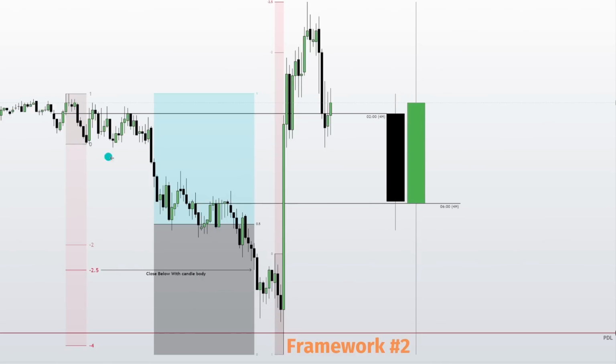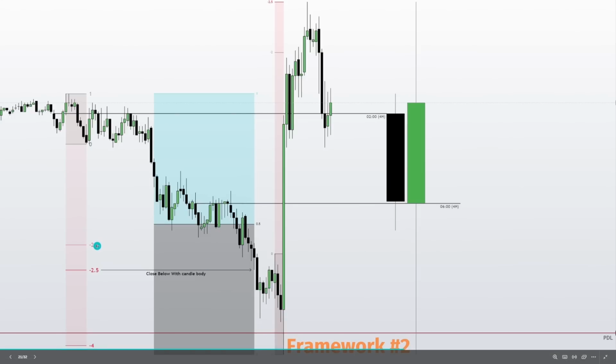Okay, so you have in this framework the initial range here, and price moving to the 2 deviations and the 2.5 deviations here. The 6 a.m. candle here opens in the mid of this move. It doesn't open in 2 deviations.